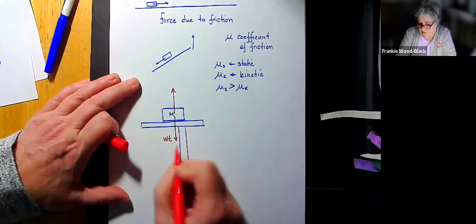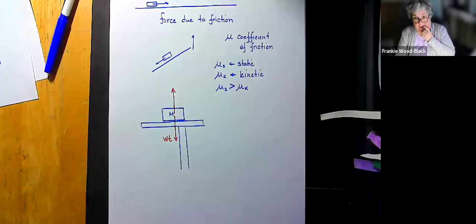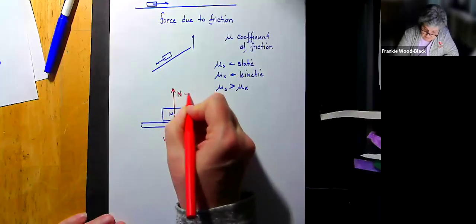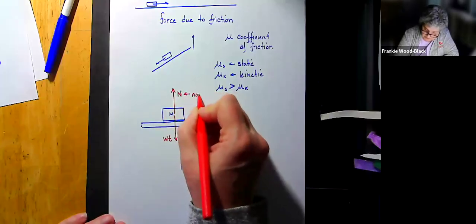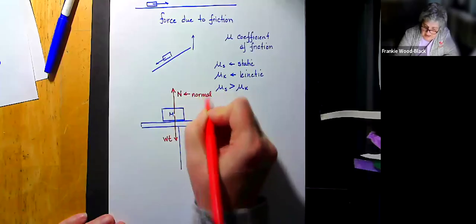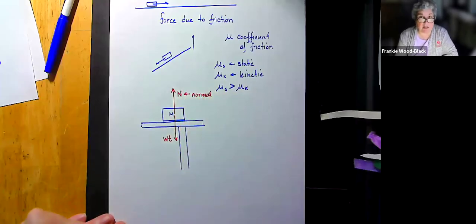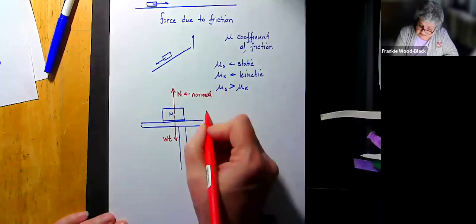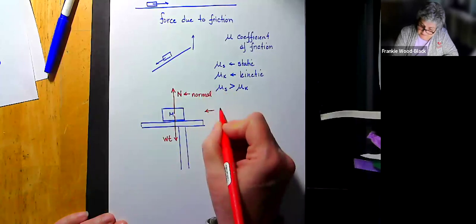And this is the weight. The force downward is the weight of my block. The force upward, we're going to call it N, and we're going to call it a normal force. And it's normal because it's perpendicular to the plane. Basically, that's why we call it the normal force. So we get our normal force because this is coming from Newton's third law.